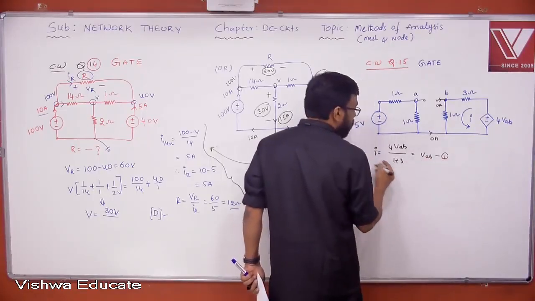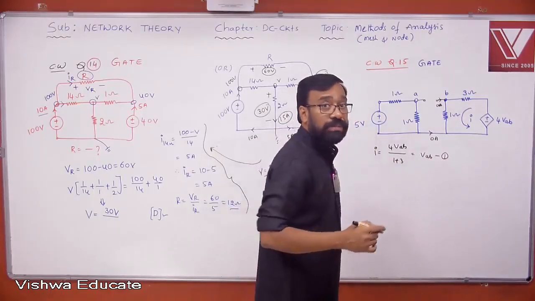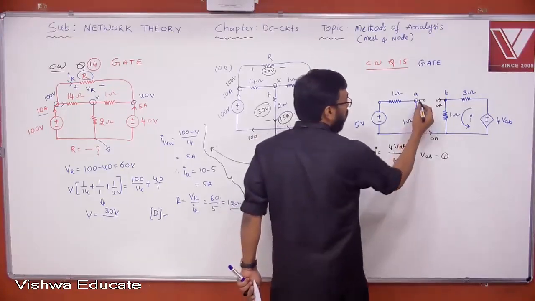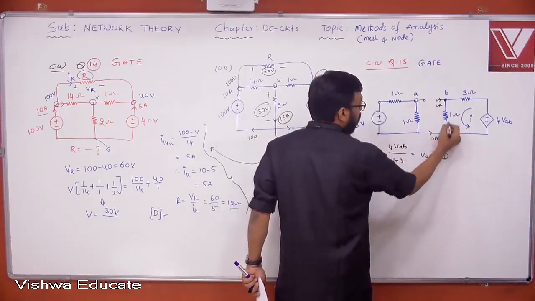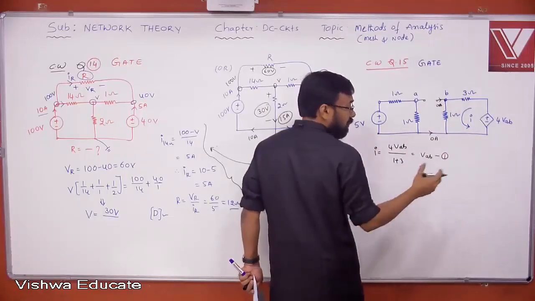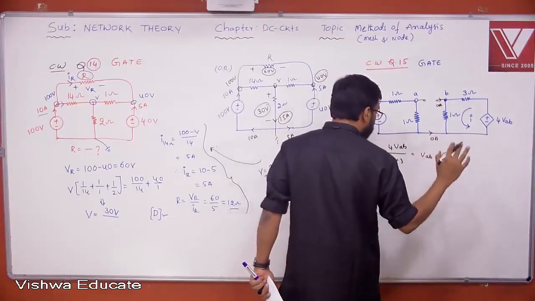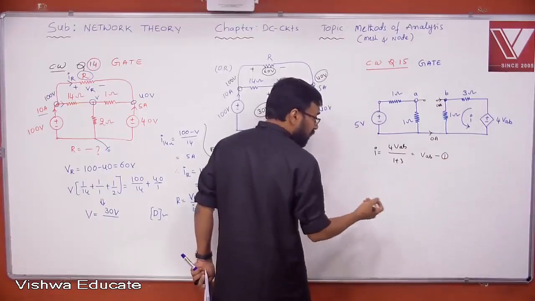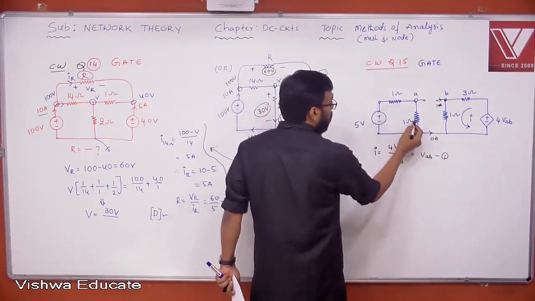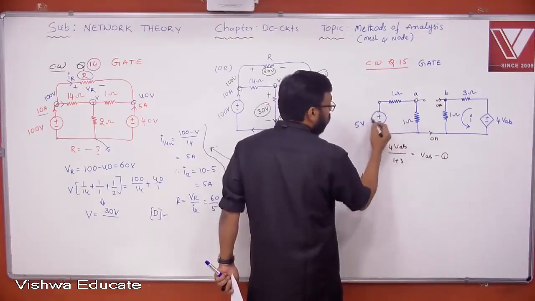Equation 1. I is equal to VAB is one equation, but I must solve it with another equation, definitely. But can we find what is VAB here? A to B you can travel and use the touching concept and get the value. VAB is nothing but potential difference. Potential difference anywhere in the circuit using KVL or touching concept, both are same. So VAB is equal to, what is the voltage division after that you get here?